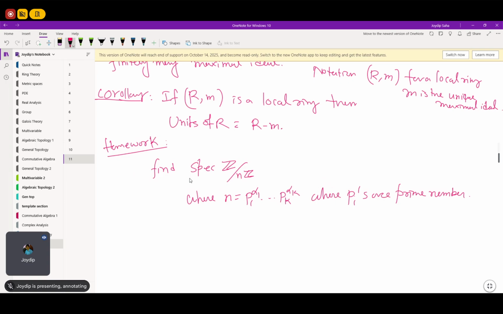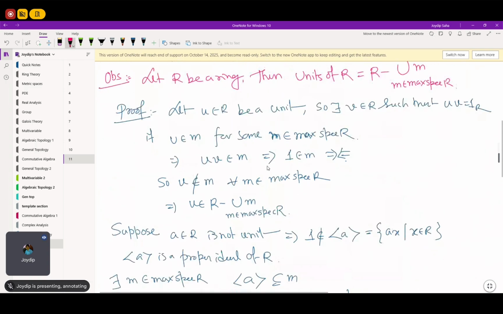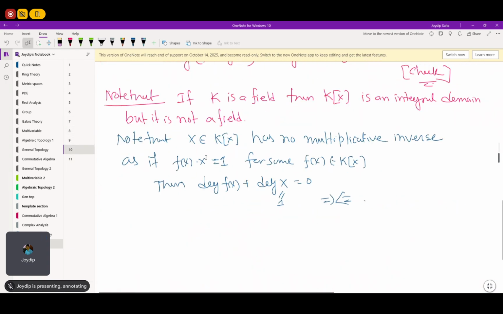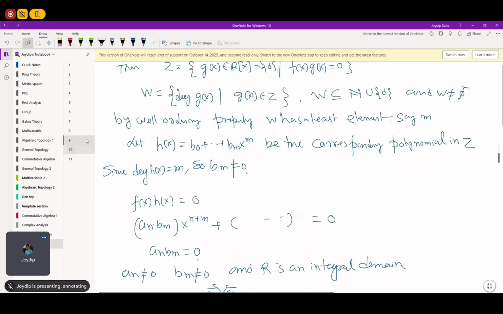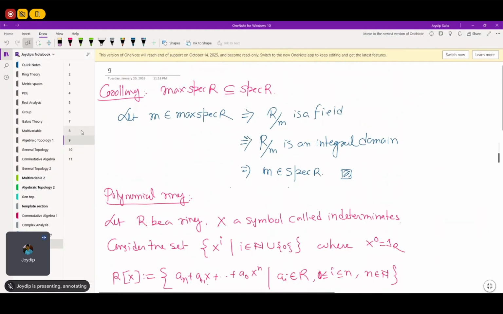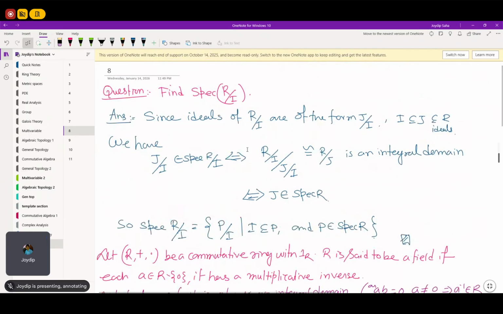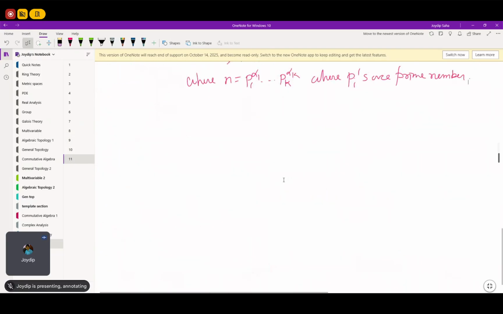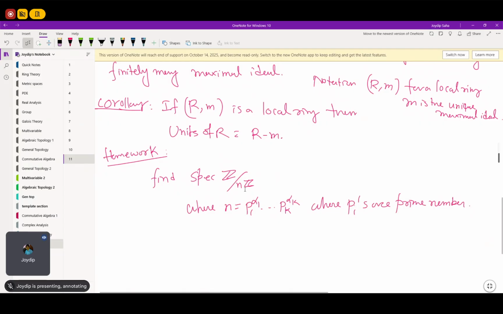What are the prime ideals? You obviously use this theorem, not this, this theorem: how to find the spectrum of R mod I. Okay. Using this theorem, you find the spectrum of Z mod nZ. Now you will see how many prime ideals are there.